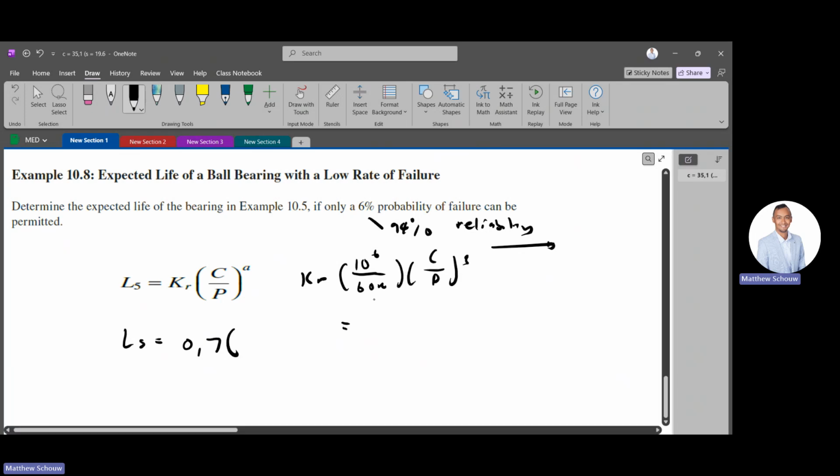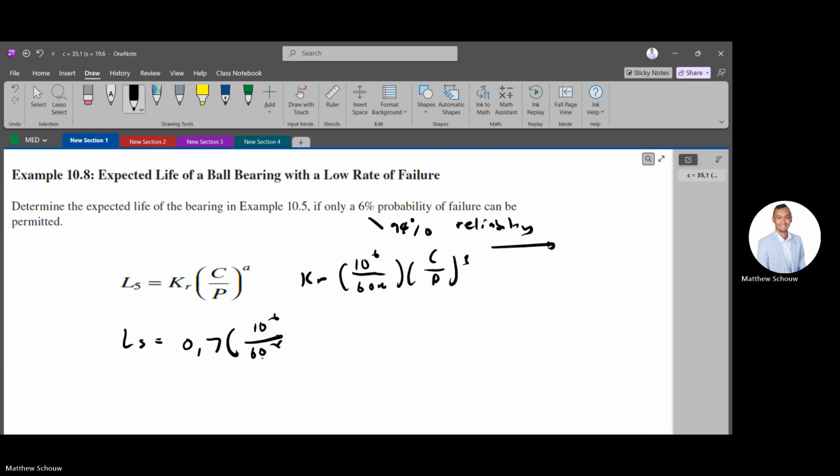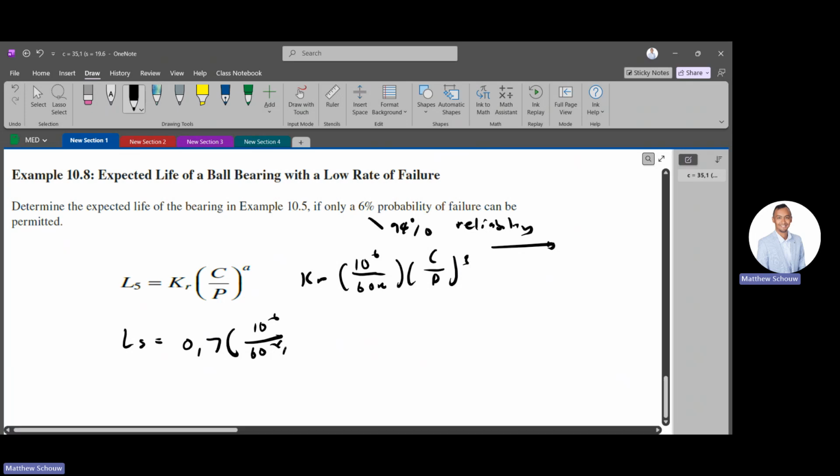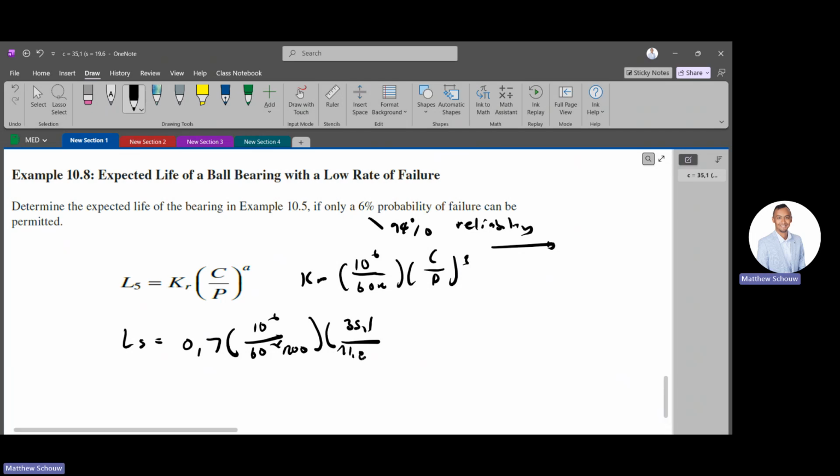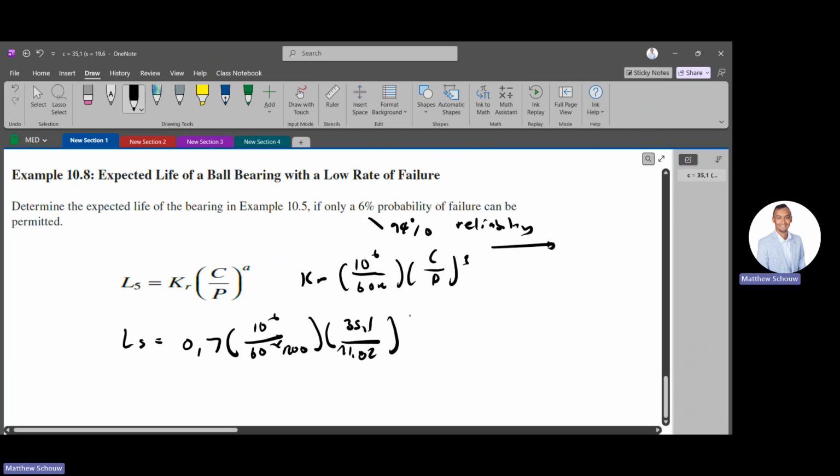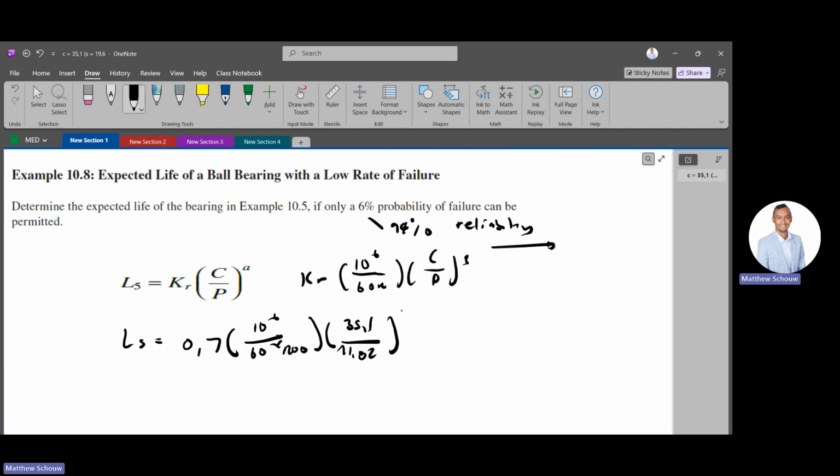So if we do that, the speed was given as, what was it again? 1,200, eh? And that's 35.1, I believe, and that was at 11.82. We're still dealing with that same bearing, and that's going to be 3, hey? Is it 3?